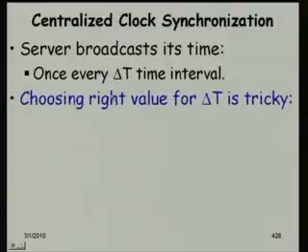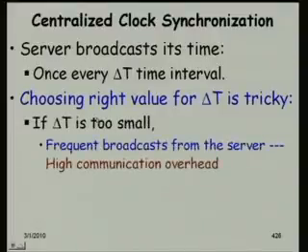One of the issues that we need to address if we are going to use a centralized clock synchronization is to fix the value of delta t, how frequently it should transmit, because if it transmits too frequently, it is a problem. And what is the problem? Communication overhead, simple thing. The clocks will be in synchrony, but there will be large communication overhead, and if it transmits less frequently, then the clocks will go out of sync.